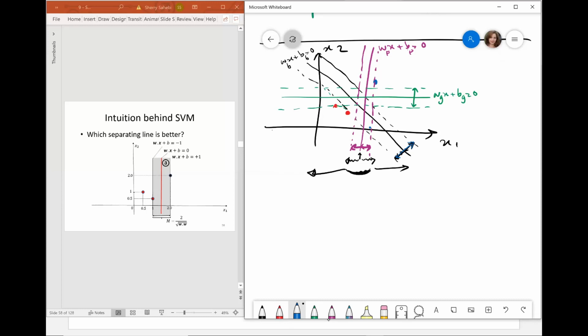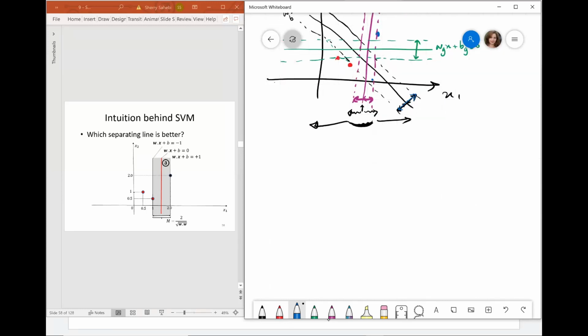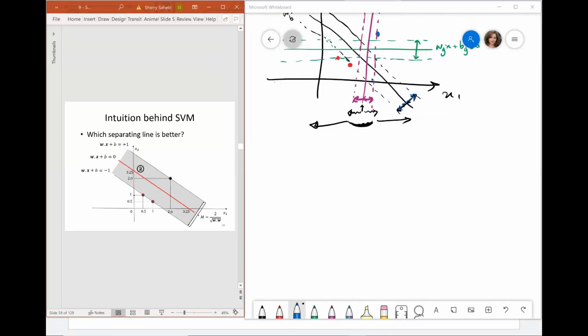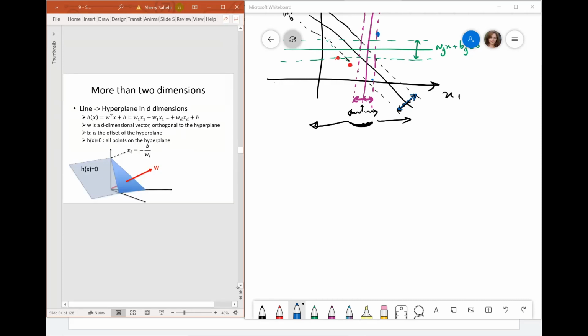So I have a larger wiggle room, so I'm going to choose that one. Okay, so this is the intuition behind how SVM works. It really is trying to choose the separator line or the classification line that gives me the maximum margin possible.